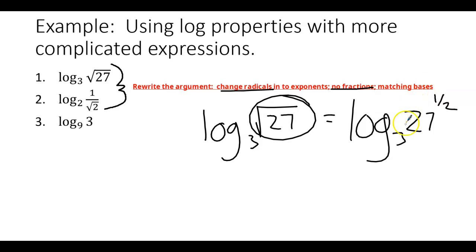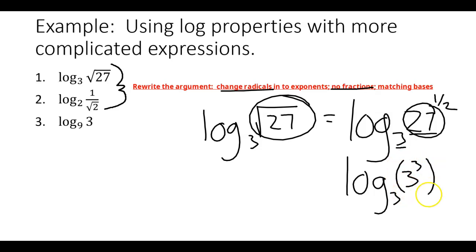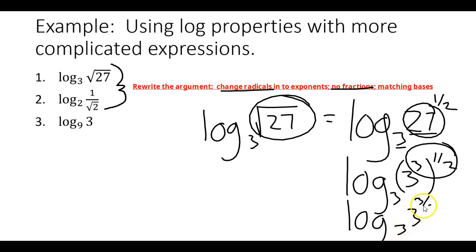But we do want matching bases. This number has a base of 3. This number does not. So we're going to rewrite it. 27 can be rewritten as 3 to the 3rd power. Now that we've done that, we can multiply these together and get 3 over 2.